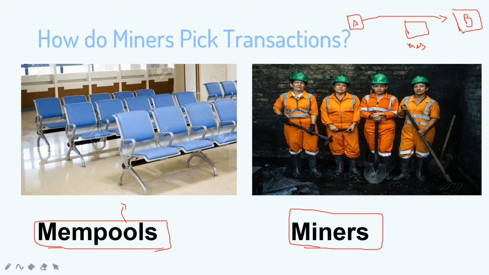At this time the miners try to dig out the amount you sent. They perform some complex task, and if they win with that complex task, they will take all the amount from the mempool area. This is one of the main disadvantages in blockchain technology.